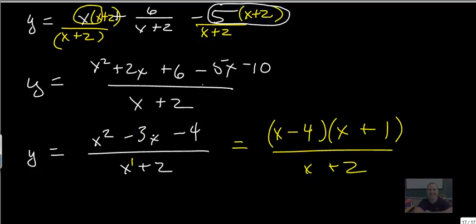Because those two multiply to this and add up to this. So are we going to be able to divide any common factors here? No. So this is a vertical asymptote. We have zeros at +4 and -1. We have a vertical asymptote here. You could quickly find out what your y-intercept is and so on. And we have a slant asymptote.